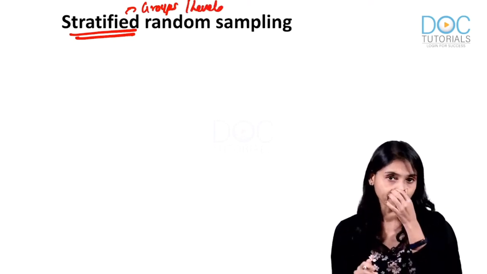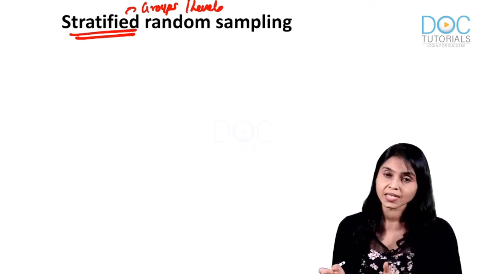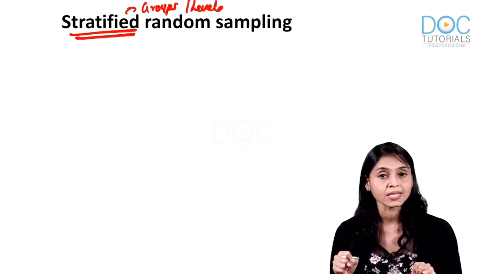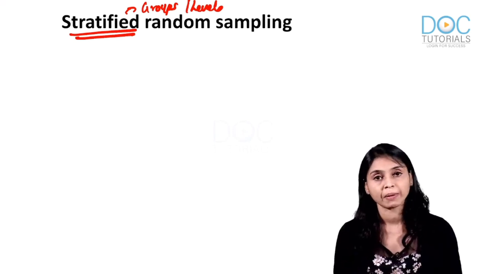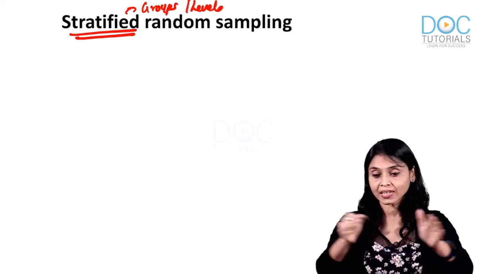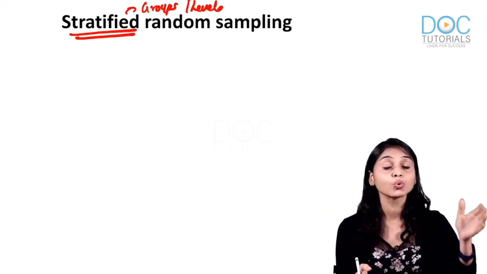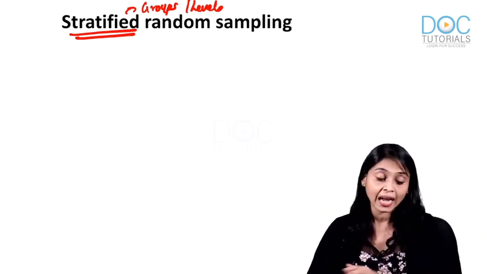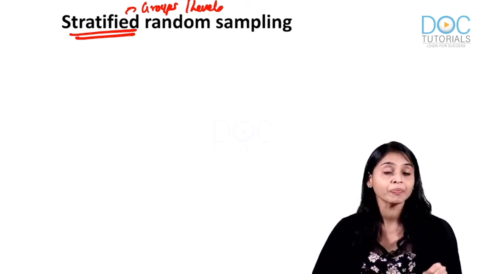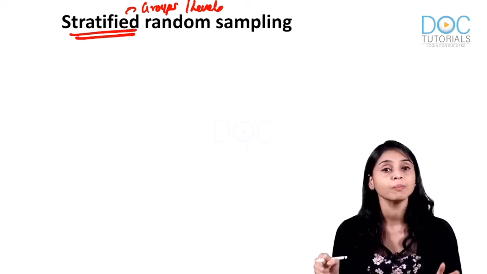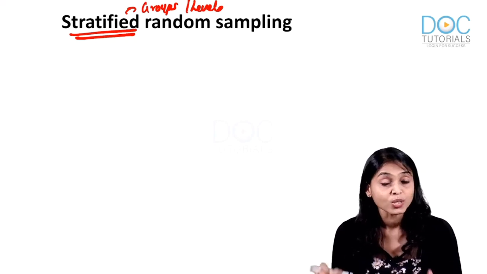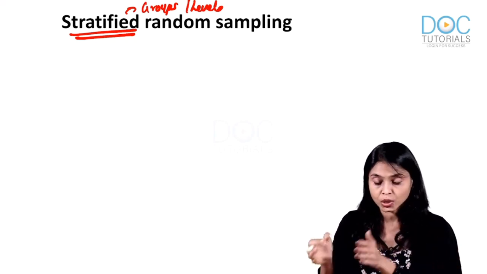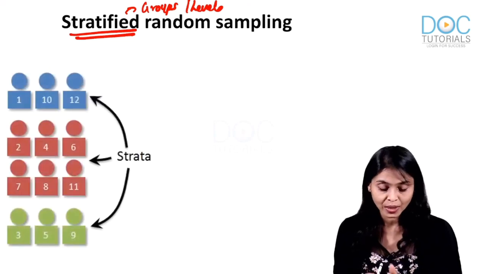Okay, for example, there is a class having boys and girls and I want a sample of 5 boys and 5 girls using stratified random sampling. What I'll do first is, I'll divide this heterogeneous population into 2 strata. A strata of boys, a strata of girls. Then I'll randomly pick 5 girls from the girls strata and 5 boys from the boys strata. Okay, so this is stratified random sampling. First, you are stratifying them into various groups like this. Look at this picture.